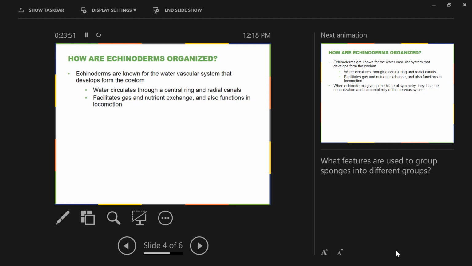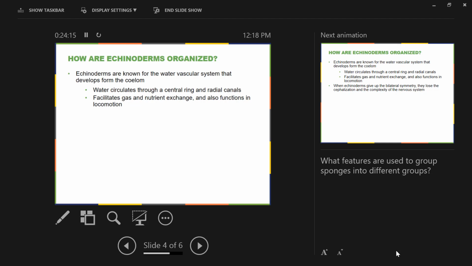But it also works in gas exchange and nutrient exchange. So it functions as both a circulatory system and basically their equivalent of a muscular system. Okay? So it functions in locomotion, like what our muscular system does, and it also functions to facilitate gas and nutrient exchange, which is what our circulatory system does.